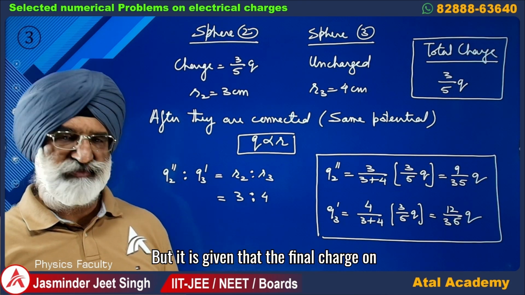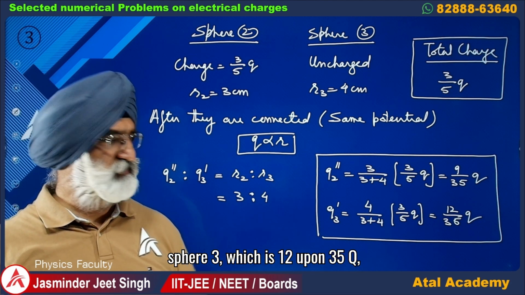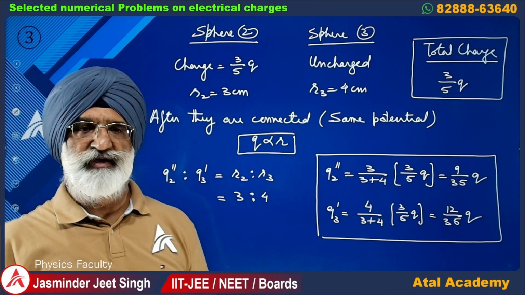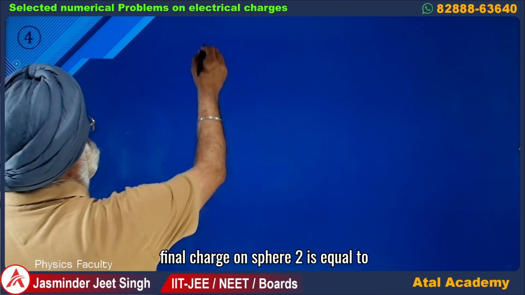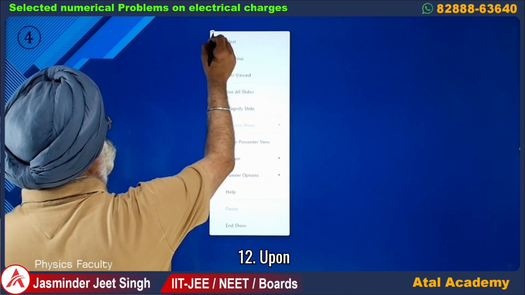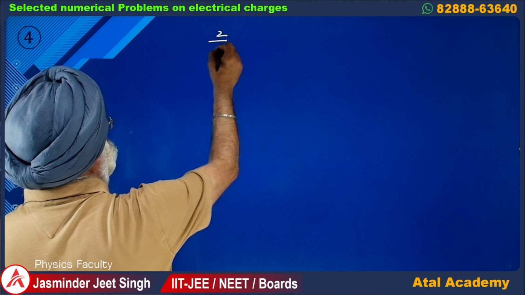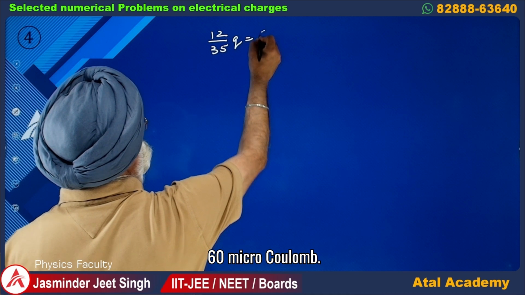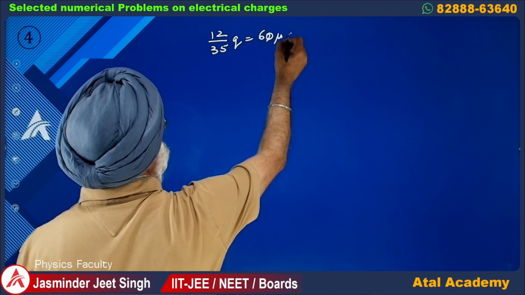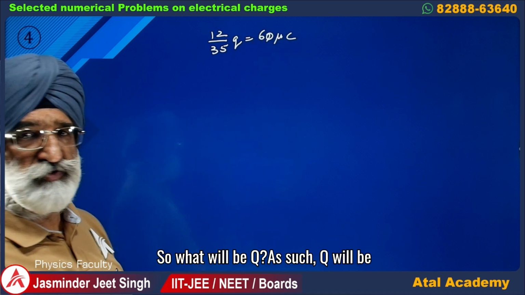But it is given that the final charge on sphere 3, which is 12 upon 35 q, is equal to 60 microcoulomb. So what will be q?